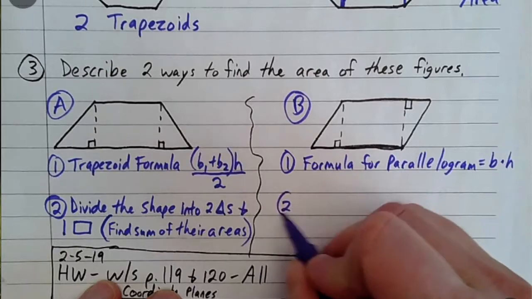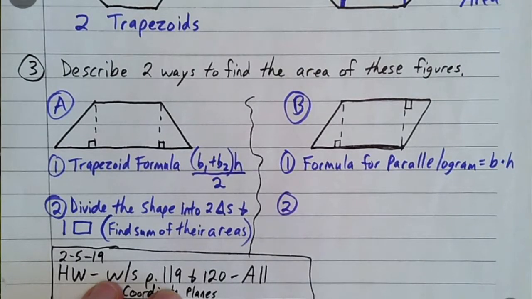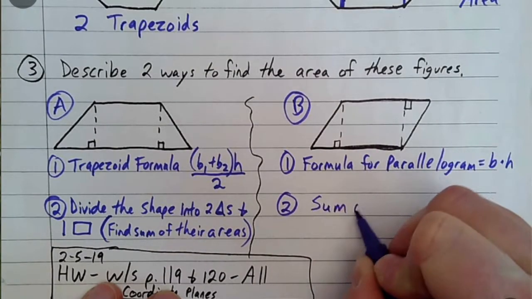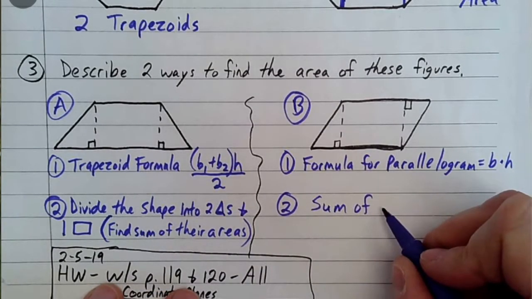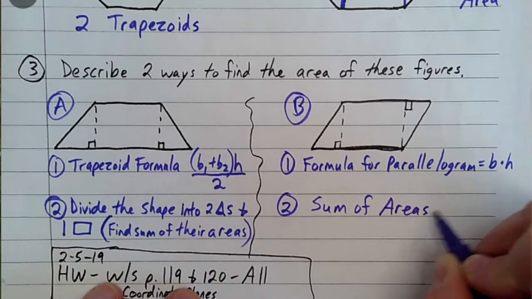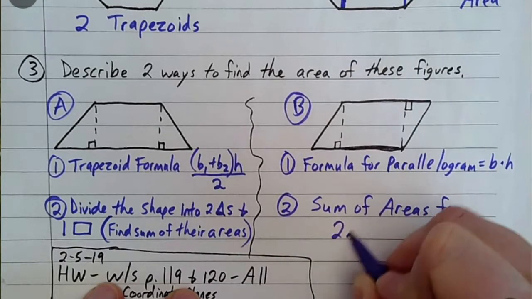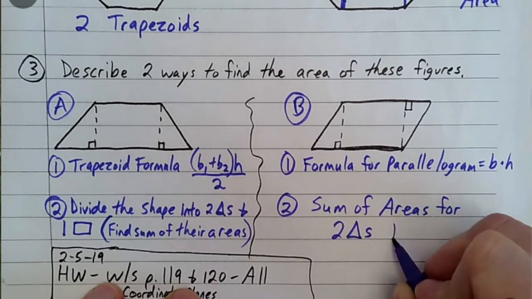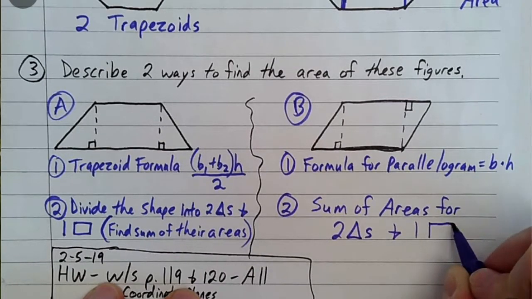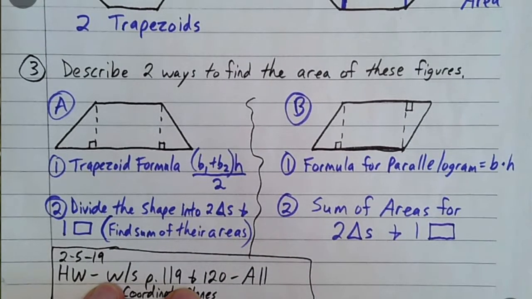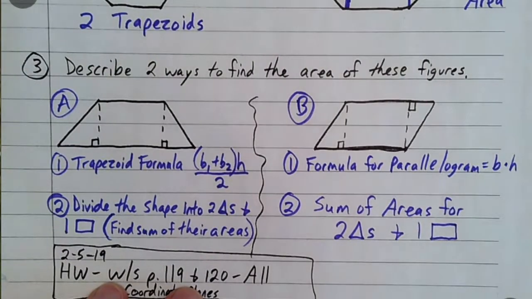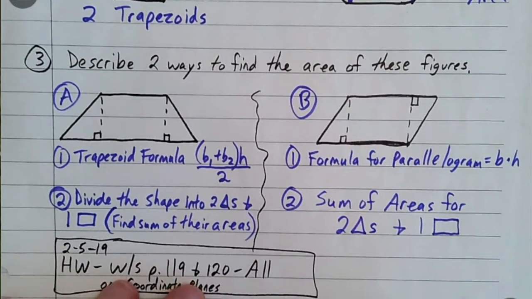Or you could break it down into different shapes. I see two triangles and a rectangle again. Again, you could find the sum of the areas for the two triangles and the one rectangle if you were to add those together. So part of this is just looking at how to break polygons down into shapes that are familiar.